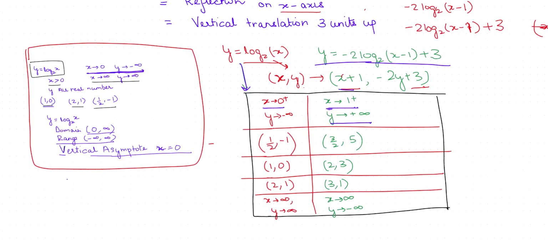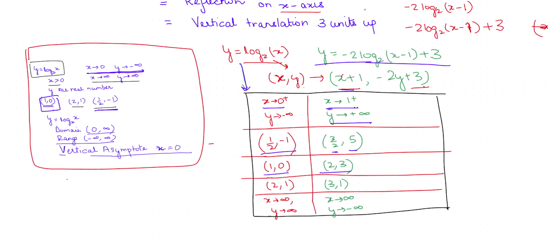And then the other point was half, negative 1 here. So this is now plus 1, 3 by 2, and this is 5. Then another point was 1, 0 here. So this has transformed to 2 and 3.